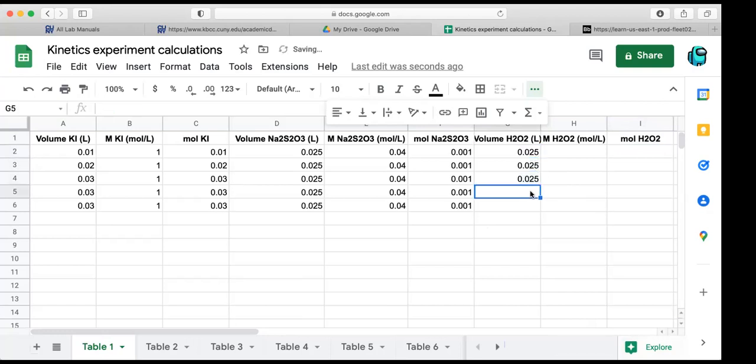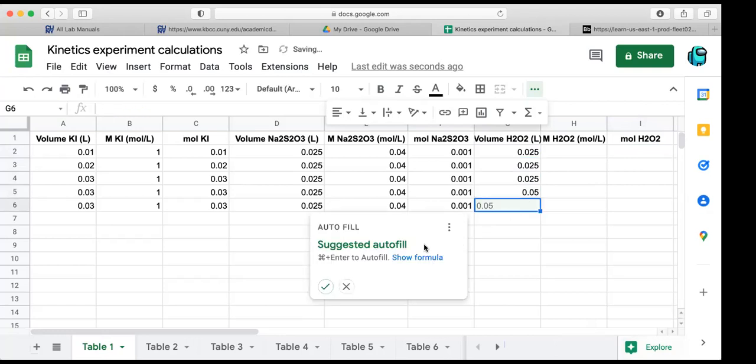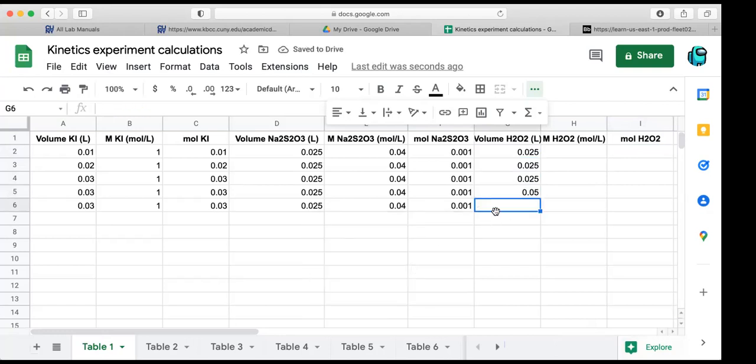And then it goes to 50. So equal sign 50 over 1,000. All right, everyone understand why I'm doing that? I'm doing that because we have to convert it into liters. The measurements are in milliliters. And then the last one is 100 milliliters. So equal sign 100 divided by 1,000.